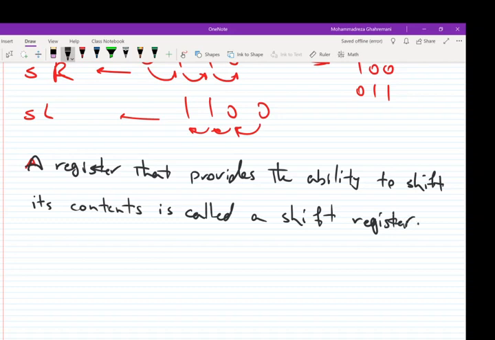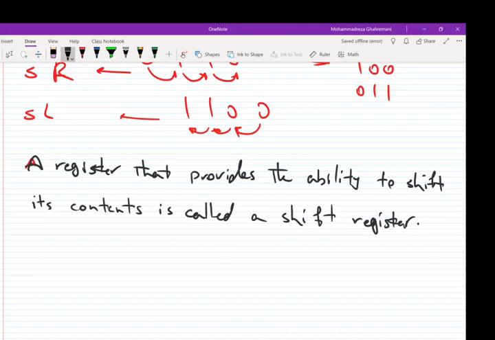Some shift registers are able to shift the data to the right, some of them are able to shift data to the left, and some of them are able to shift the data in both directions.